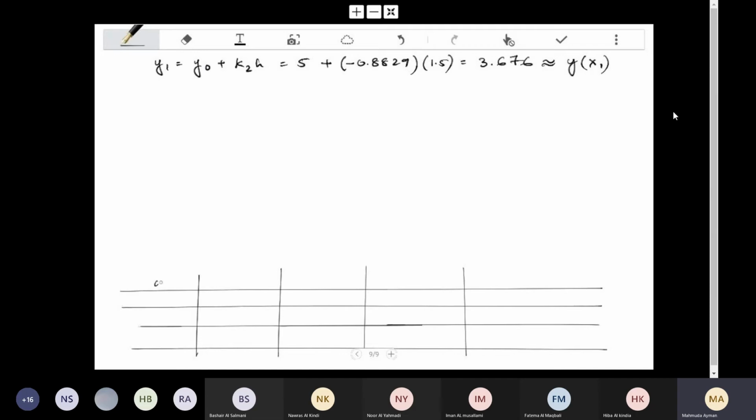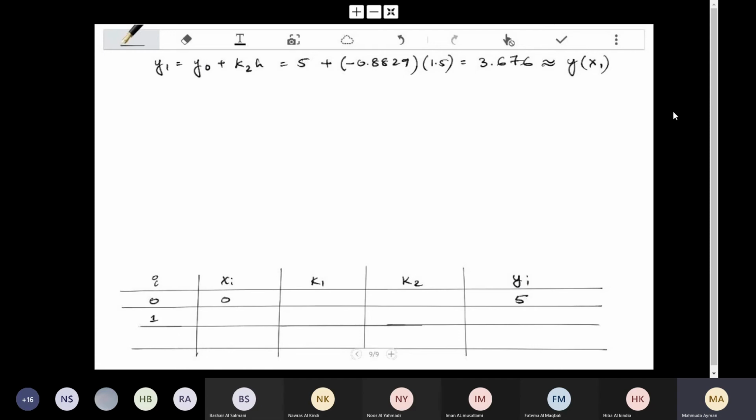So we have values of i, xi, k1, k2, and yi. When i is equal to 0, x0 was 0 and y0 is 5.